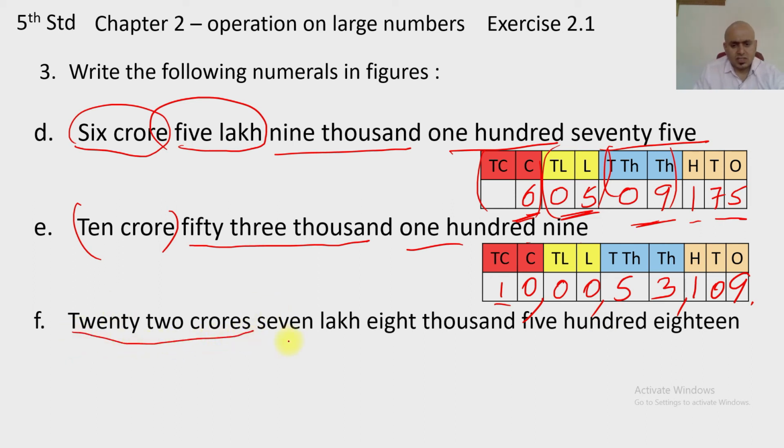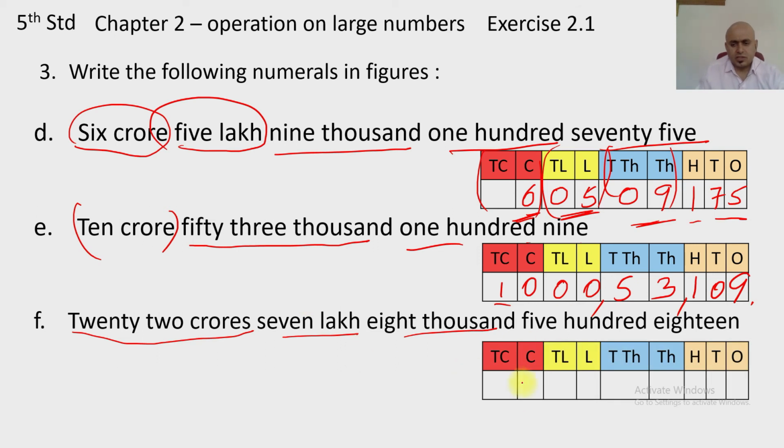Next question. 22 crores 7 lakhs 8,518. They have given 22 crores. Let us fill in the table. In the crores place, let us fill in 22 crores. Now 7 lakhs. They give only 7 lakhs, so in lakhs you have to write only 7, that is 07. 8,000, and again in thousands place they give only 8, that is 08. 8,500, so in hundreds place you have to write 5, and the last number is 18.